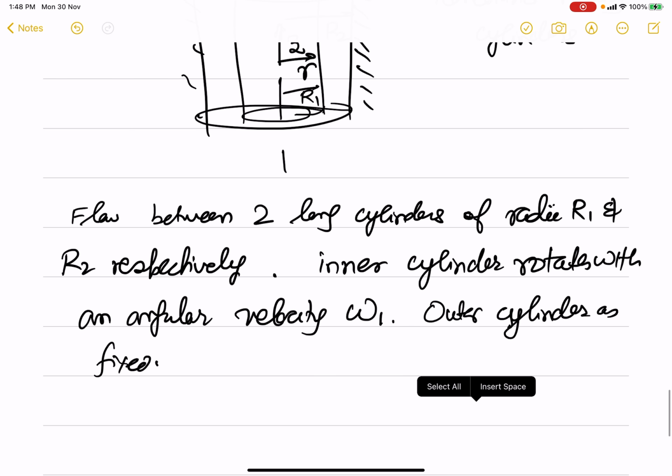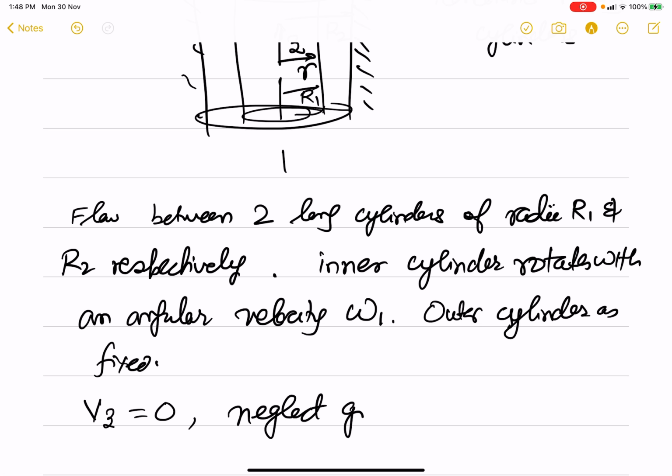Now it's given as a part of this problem statement that Vz is equal to 0, and we've been also asked to neglect gravity. Well, you'll realize if we do not neglect gravity, then it will just show up with Vz being 0 only as a pressure term.